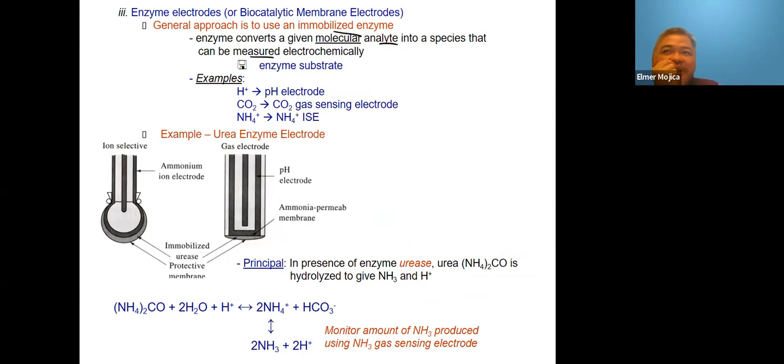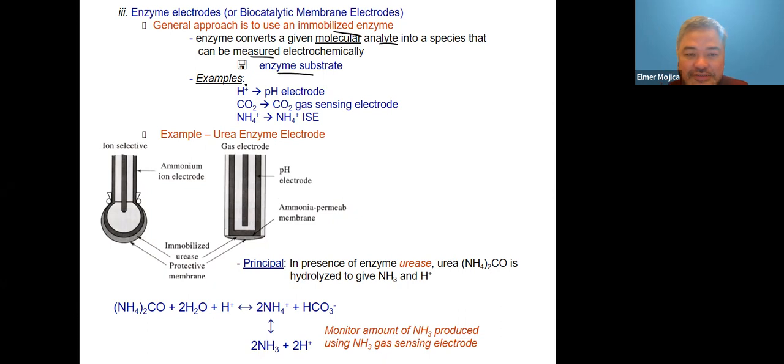Yung way nga nung pag-ano dati ng sugar membrane, they put glucose oxidase. Because ang nangyari doon, if glucose comes in, the glucose oxidase will convert it. Okay? And in their conversion, there is some electrical signal that is associated to the amount of the glucose that was acted upon by the glucose oxidase. Okay? So parang meron kang enzyme substrate.